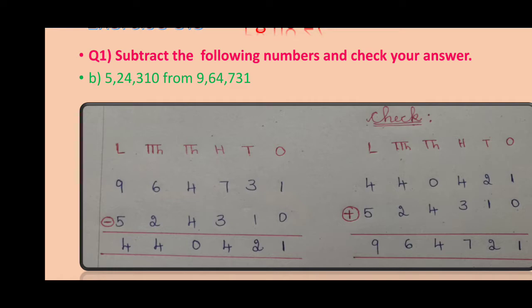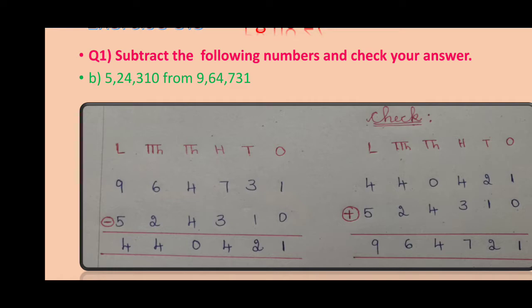Okay, you are checking your answer. When you add this difference and subtrahend, what should we get? We should get back the minuend. So start your addition. Arrange the numbers in the columns and then start your addition. 1 plus 0 is 1, 2 plus 1 is 3, 4 plus 3 is 7. So finally you are getting the minuend, 9,64,731.